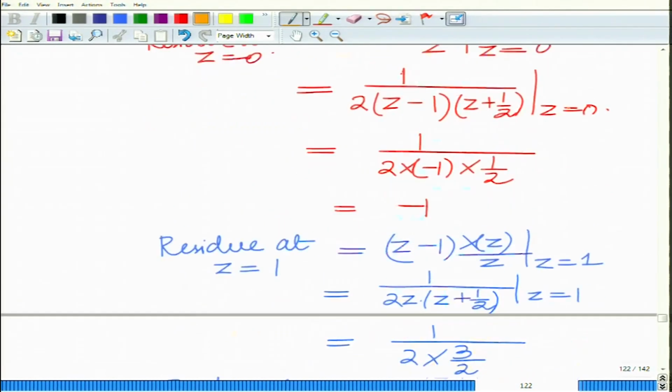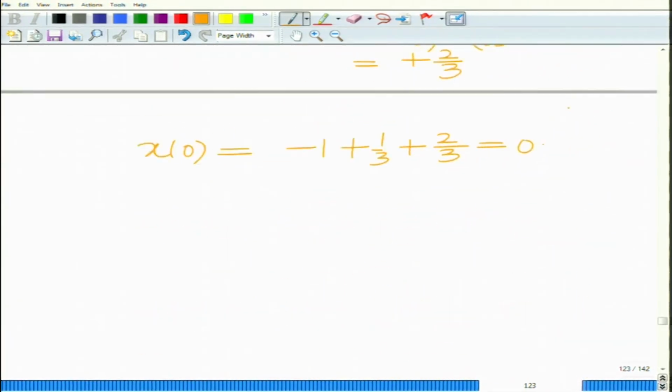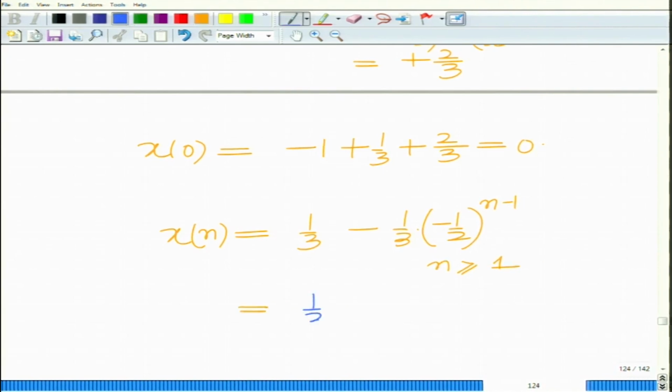Okay. So, x of 0 equals 0, and therefore, what we obtain is basically x of n equals 1 by 3 minus 1 by 3 into minus half to the power of n minus 1 for n greater than or equal to 1, which can be written as 1 by 3 minus 1 by 3 into minus half to the power of n minus 1, into u of n minus 1.